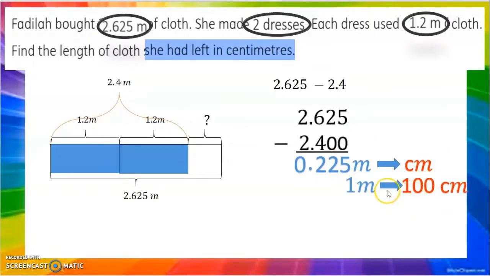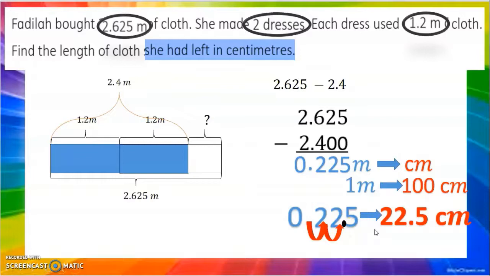What is the shortcut in multiplying by 100? Yes, we're going to move the decimal point to the right. How many places? 2 places. So we're going to move 1, 2, then put the point here. So we have 22.5 centimeters.